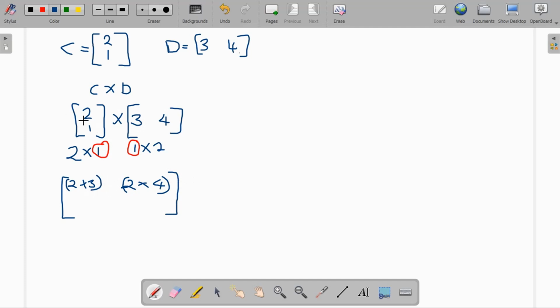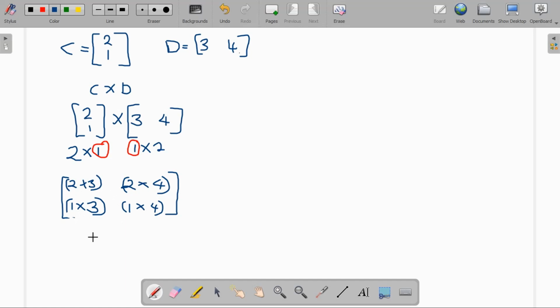We come again down, row multiplied by column, so it's 1 times 3, and this side 1 times 4, another row and another column. And then we start multiplying.